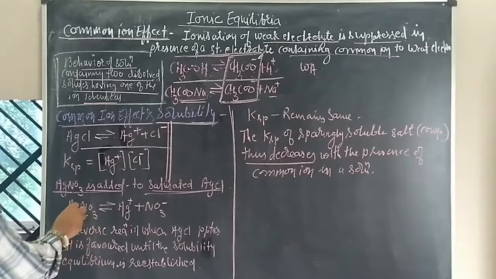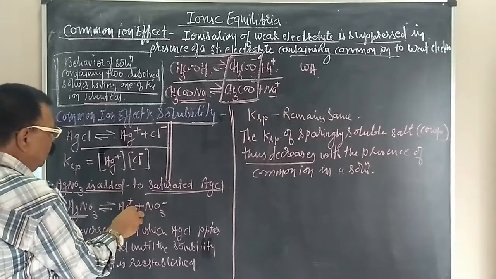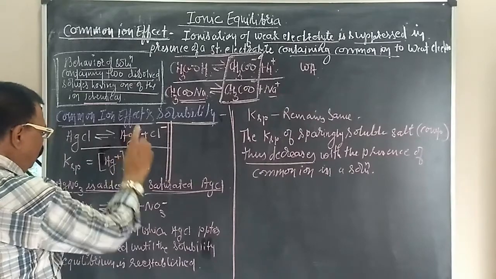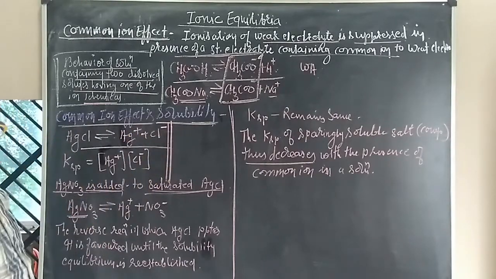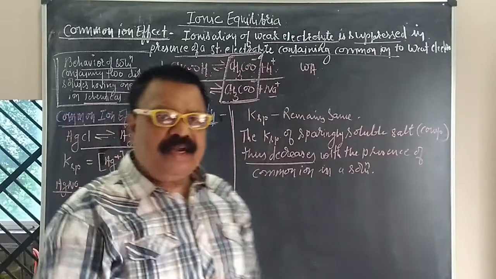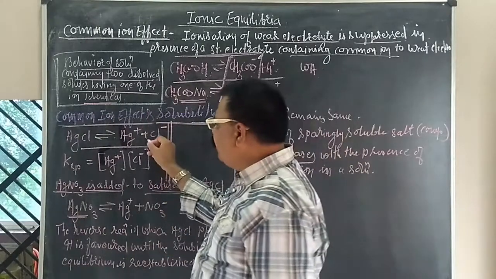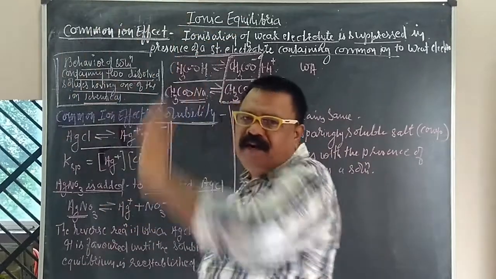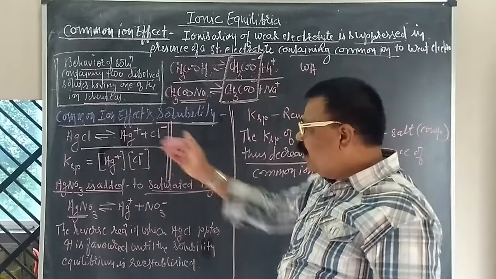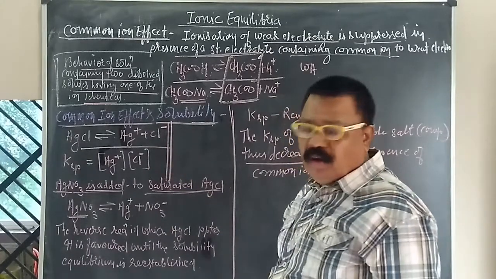Now as soon as we add the silver nitrate, the concentration of the silver ion will increase. According to Le Chatelier's principle, the equilibrium will be shifted to the left hand side, right to left जाएगा वो, बराबर है.